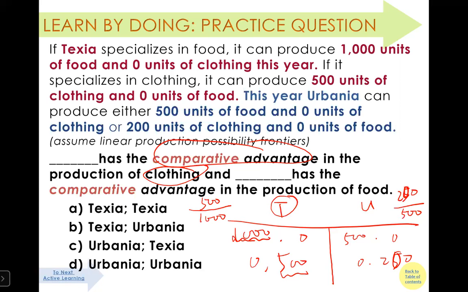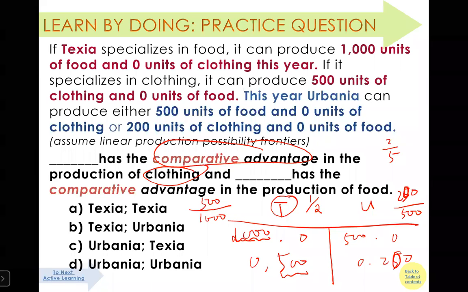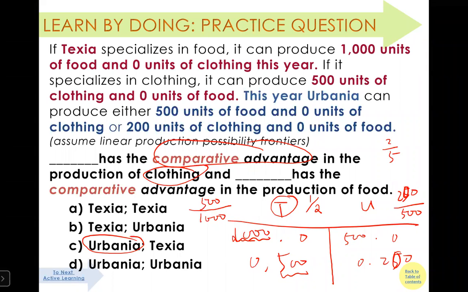Clearly you can see Urbania has comparative advantage in clothing, because for Urbania it's going to cost 2/5, but for Texia it's going to cost 1/2. So 2/5 is less than 1/2. Urbania has comparative advantage in the production of clothing, and alternatively, Texia must have comparative advantage in the production of food.